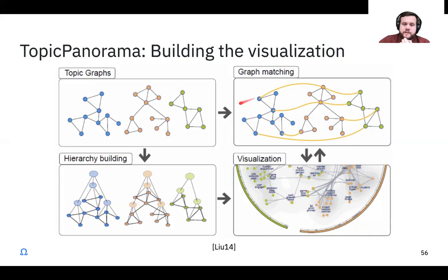In the other branch we do graph matching. Of course, there are going to be topics talked about by multiple sources, accessible from all three providers. We need to match them together so that we don't have Barack Obama Google, Barack Obama Microsoft, and Barack Obama Yahoo. Of course, it's the same entity. And when we have this, then we can visualize it. So this is basically the model in the visual analytics sense.